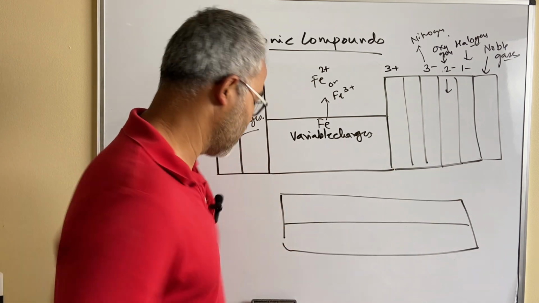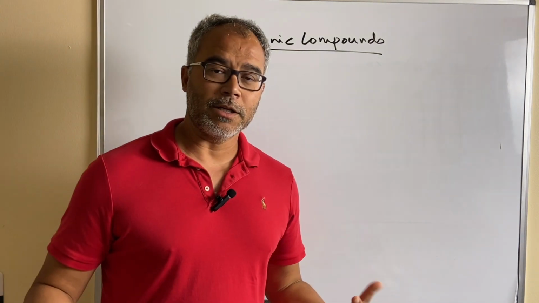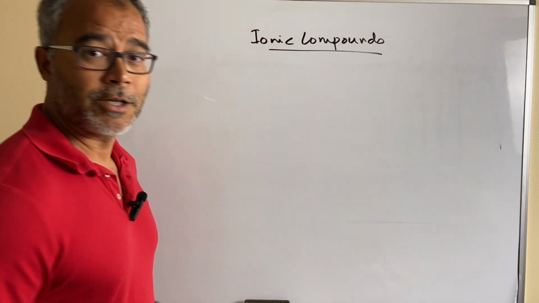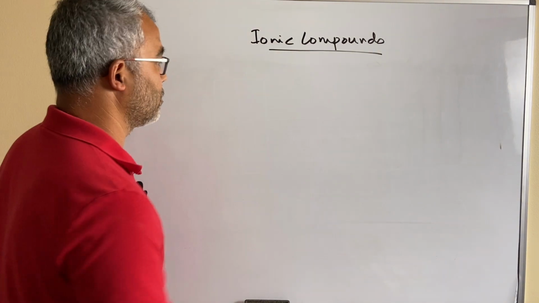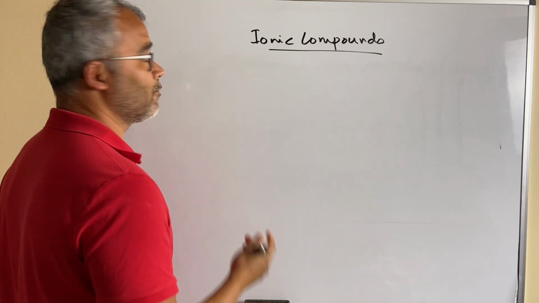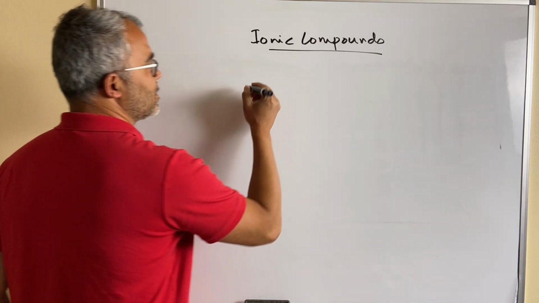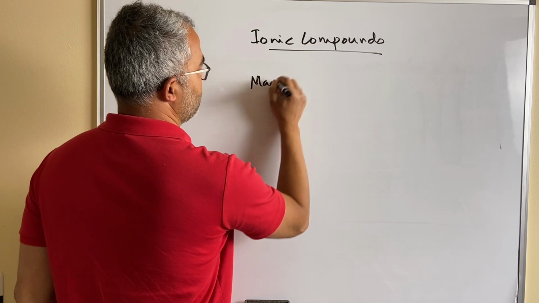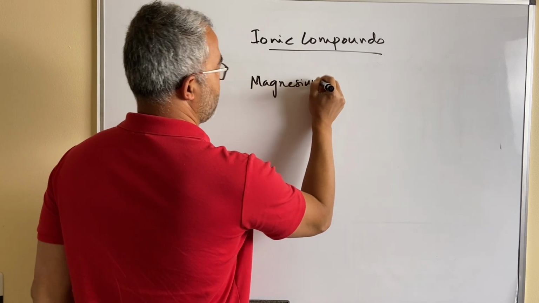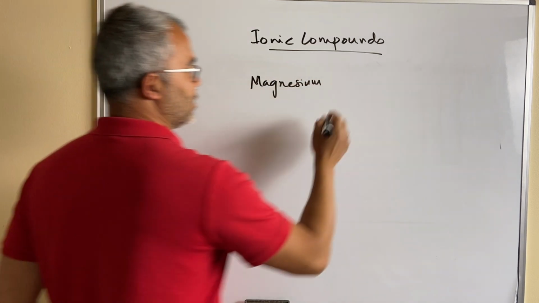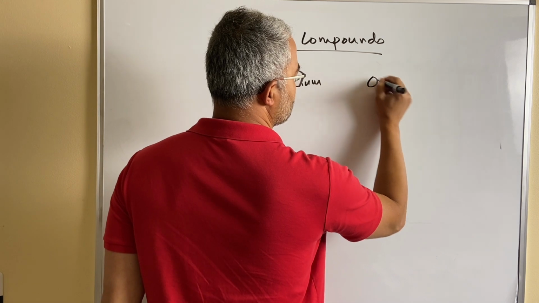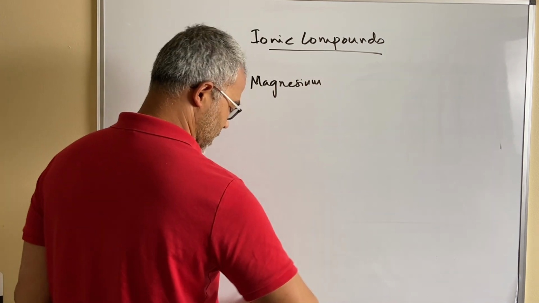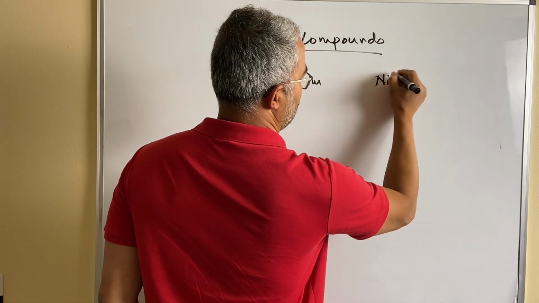Let's take a deeper dive into that. For this part of the discussion, have your periodic table handy and pause the video as necessary. So let's say we're trying to write a compound that forms from two possible elements. Let's say the first element is magnesium, and the second element is nitrogen.